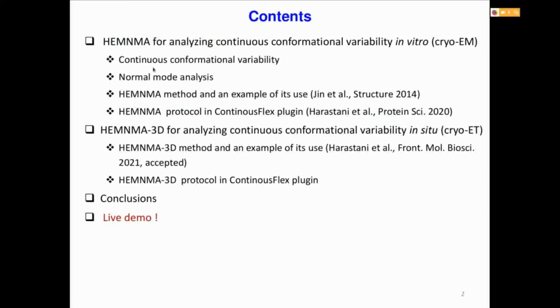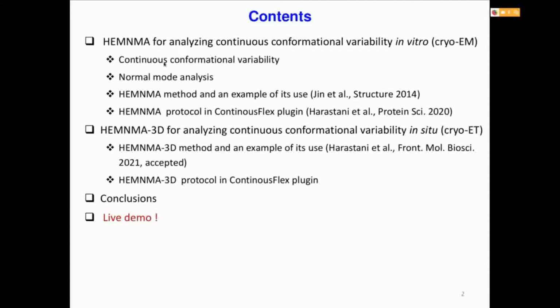So here is the contents of the talk. I will first describe briefly HEMNMA that was introduced in 2014. Actually, it's work that we did in collaboration with the group at CNB in Madrid, particularly with Carlos Oscar Sorzano.